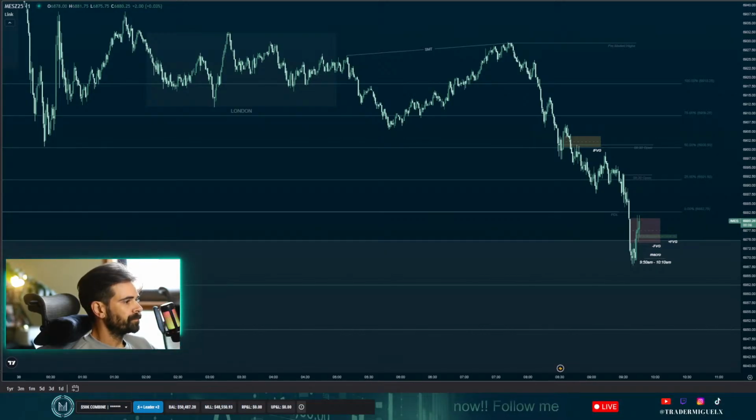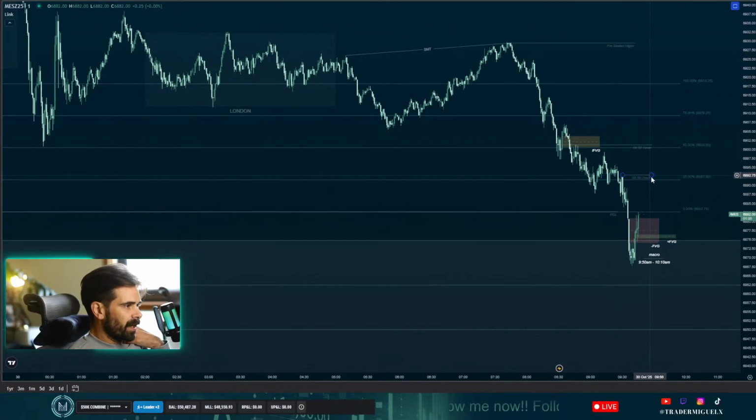So let's see if we will have some sort of a bullish reaction to the upside, taking all this liquidity out. I would like to see price trade a little bit higher from previous day low.